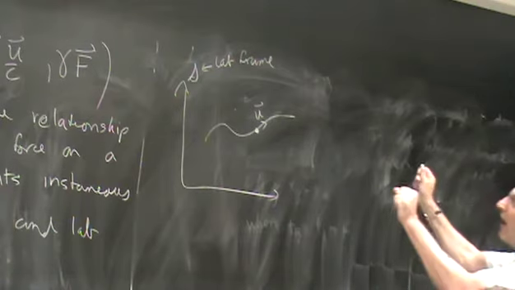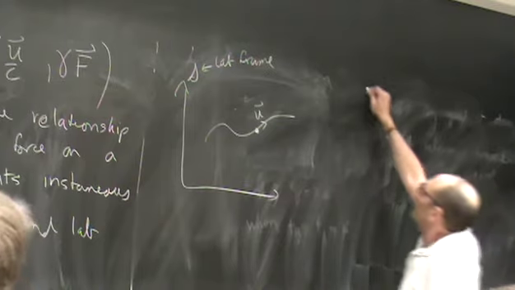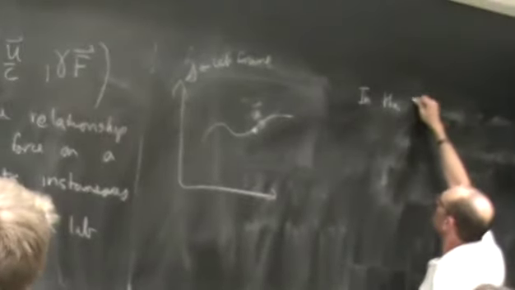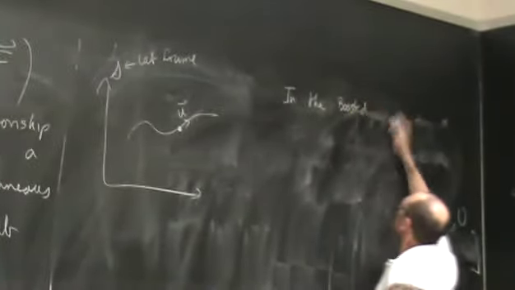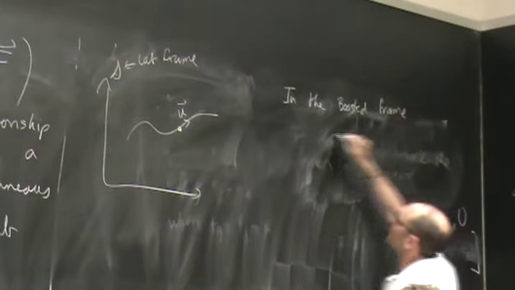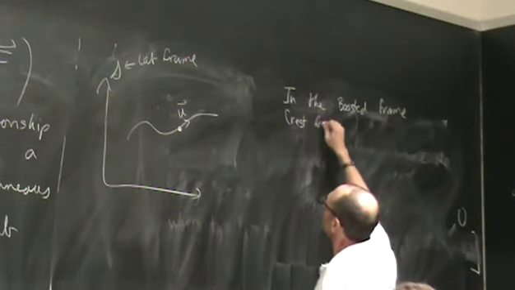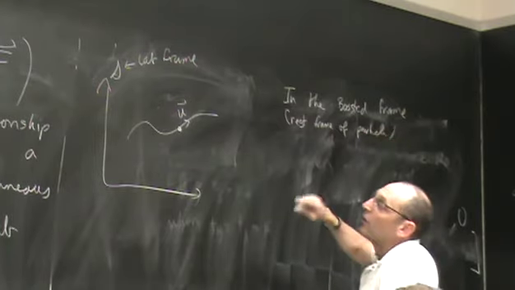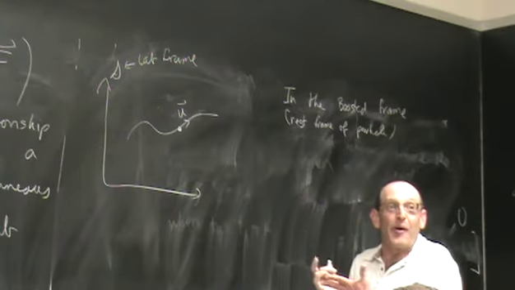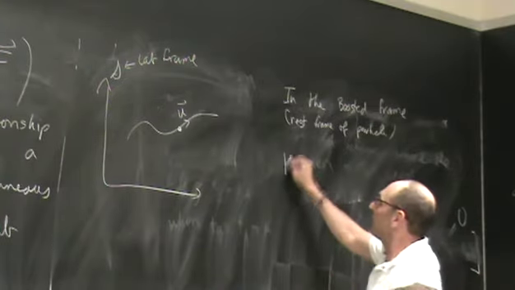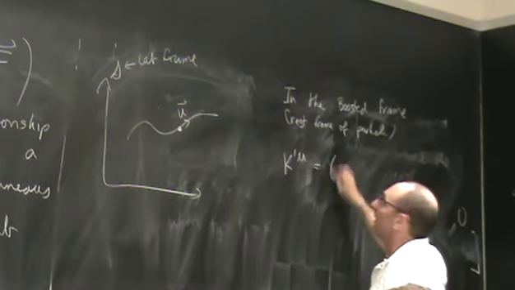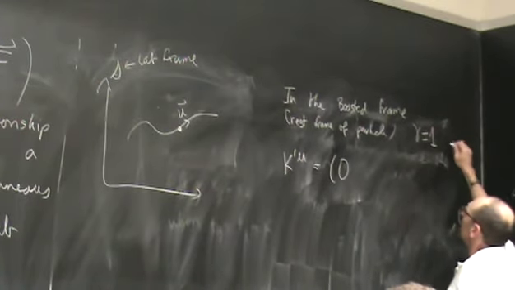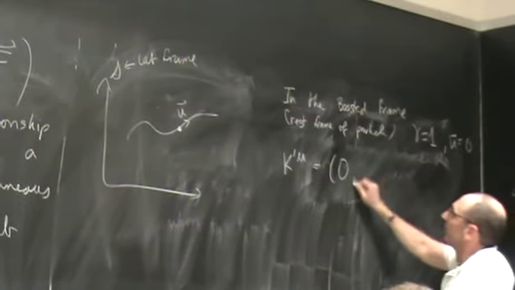All right, so in the boosted frame, which is the rest frame of the particle, well, the speed is 0. We're in the rest frame of the particle. So in that frame, gamma is 1, u is 0. So this is equal to that.